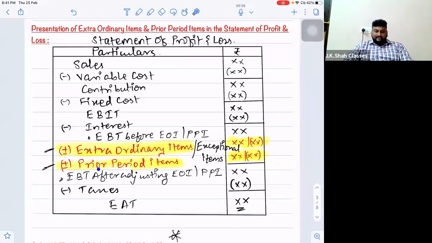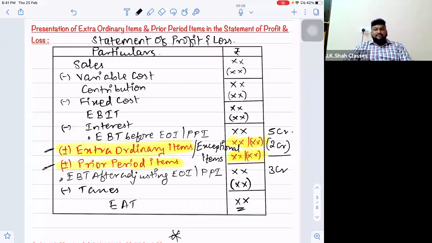So this is the logic of separate presentation or separate disclosure. Say for example, you had a profit before tax, EBT, of 5 crores. I'm writing over here 5 crores. And there was a loss by fire because of which you lost 2 crore rupees. So 2 crore of loss is an extraordinary item. So 2 crore I will subtract from here, and then I will show that my earnings before tax after adjusting the extraordinary item is 3 crores.